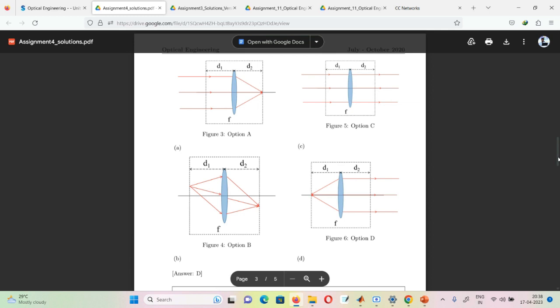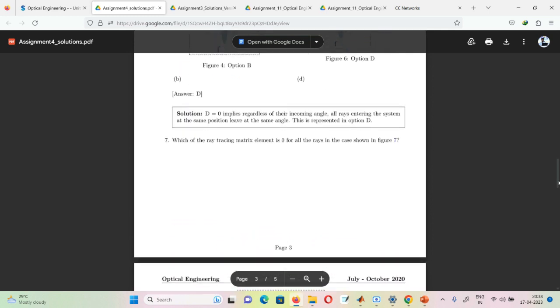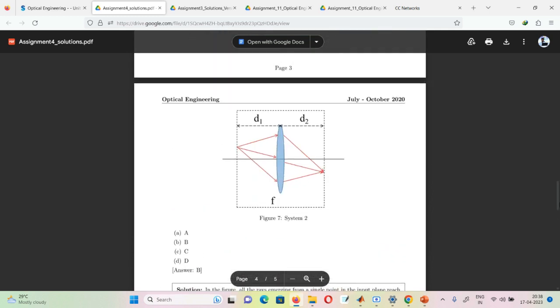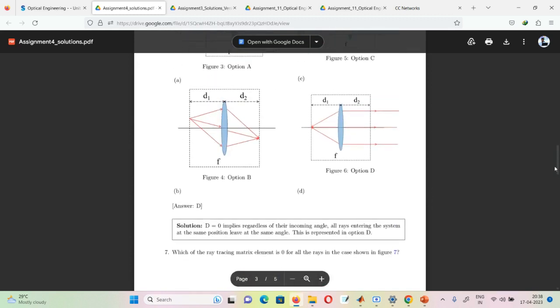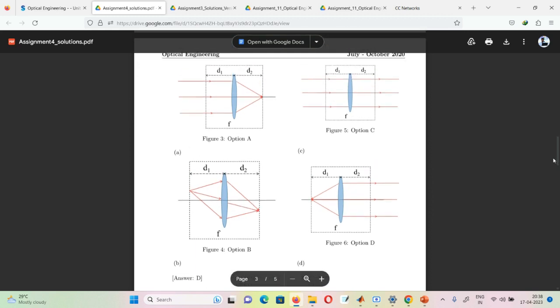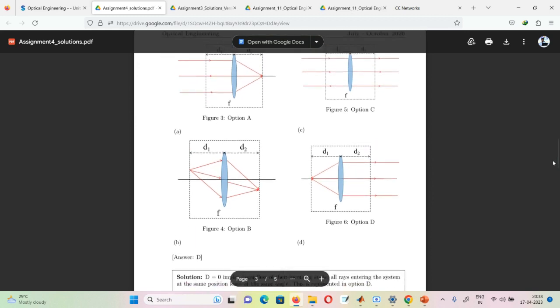This actually I told people as an assignment. To understand this properly, you have to go through the translatory matrix, the matrix corresponding to a curved surface, then the matrix corresponding to a lens.